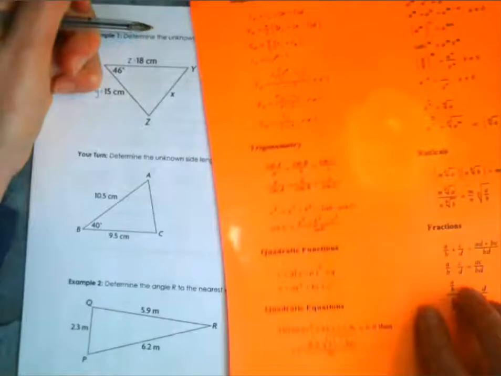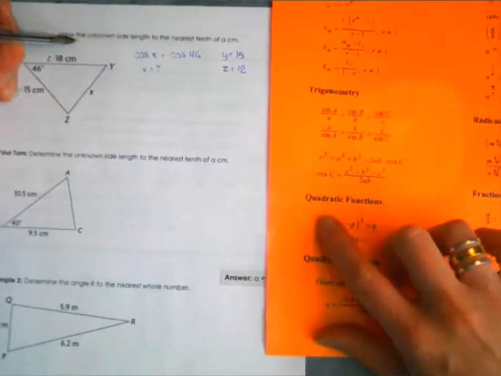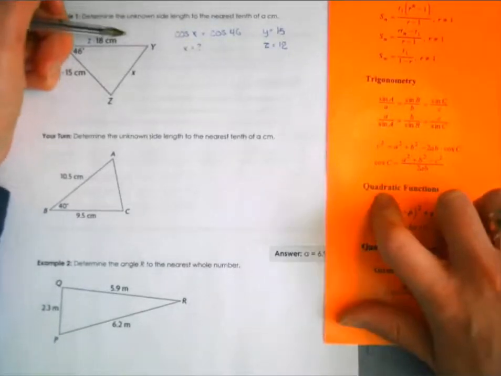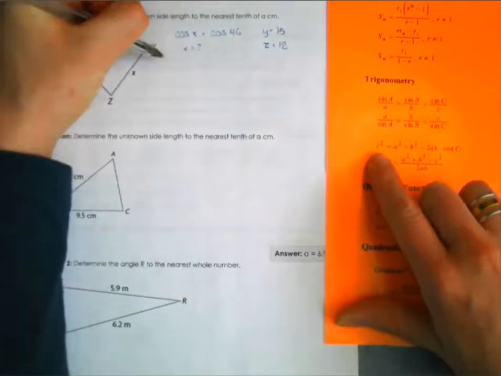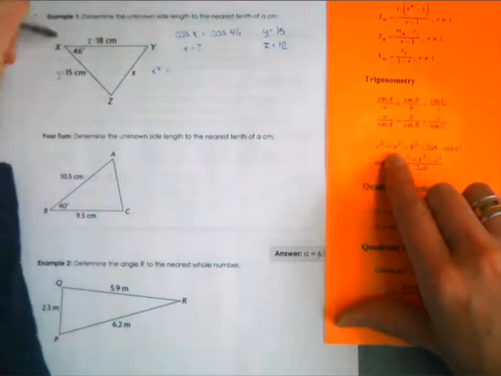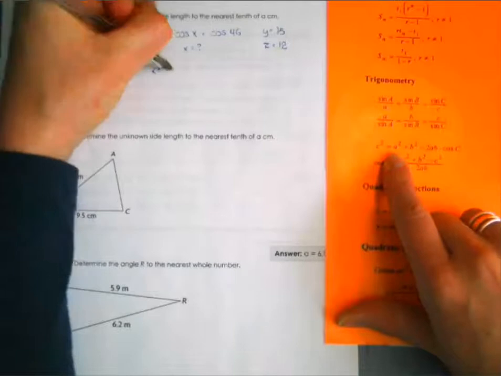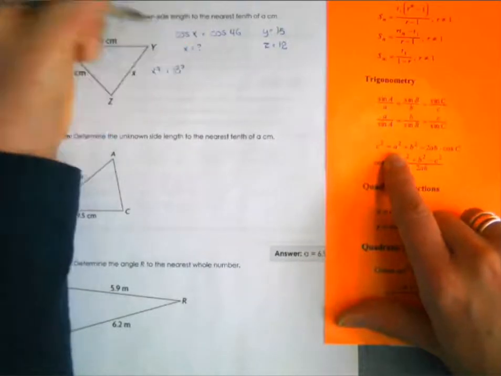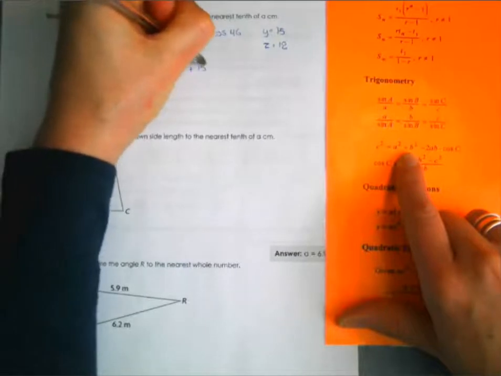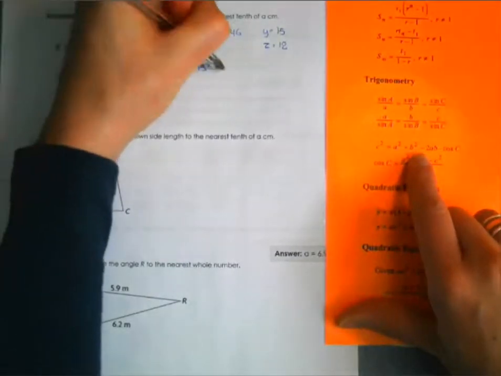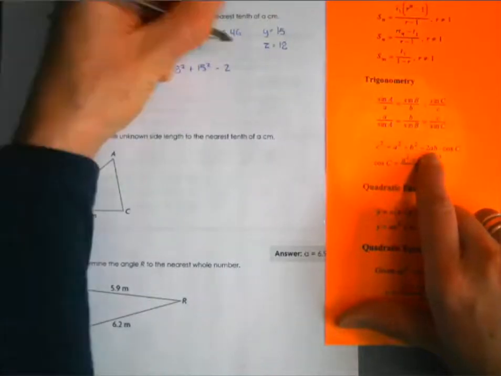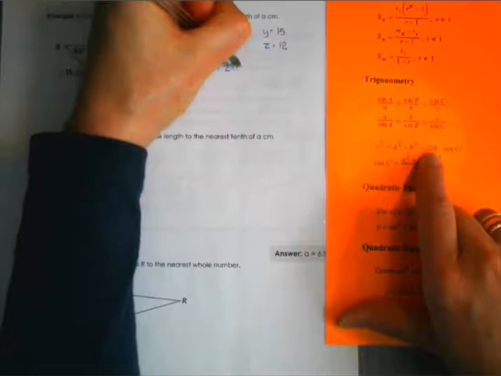Okay, so we can basically substitute that in. So we're going to say x squared is going to be equal to the two sides that contain our angle, so 18 squared, it doesn't matter how you assign these ones, plus 15 squared, minus 2 times, again, the two sides that contain the angle, so 18 times 15.